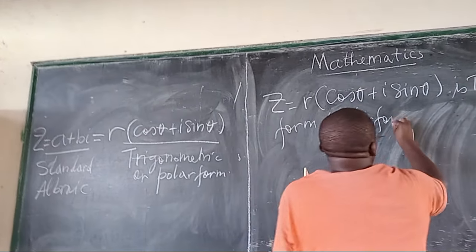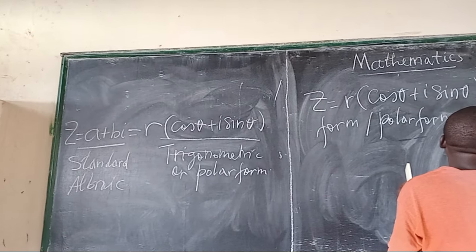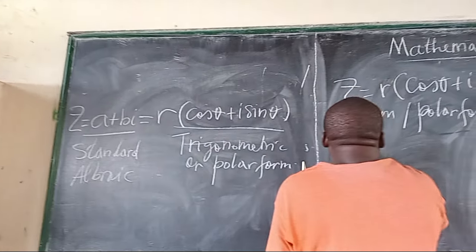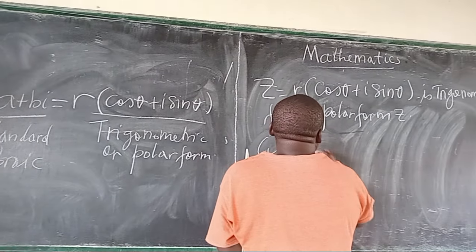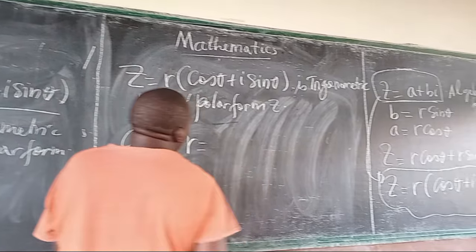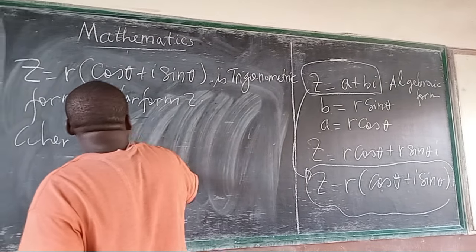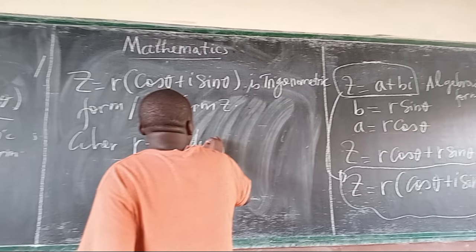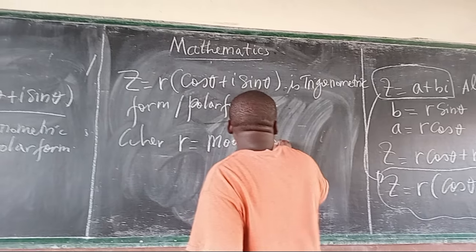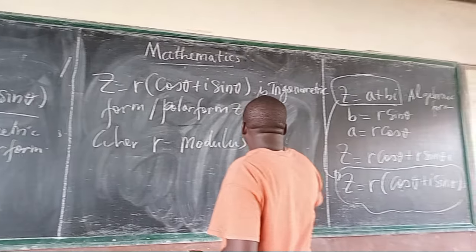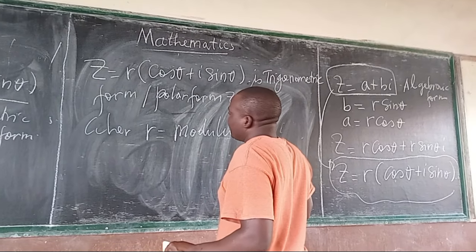In the polar form of complex number z, this small letter r stands for the modulus. R stands for modulus, or magnitude, or absolute value.